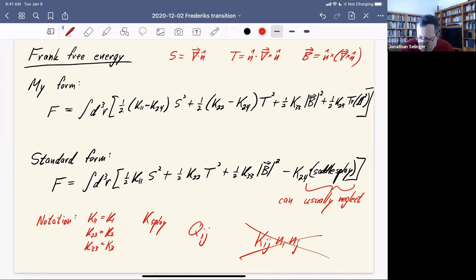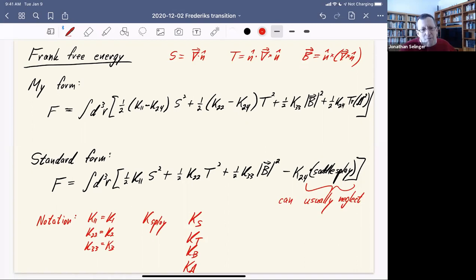Or even just to be short, how about K sub S, K sub T, K sub B, K sub delta? If I were making up the notation from scratch by myself, I would use labels like this. And I wouldn't use labels like K1 or K11.